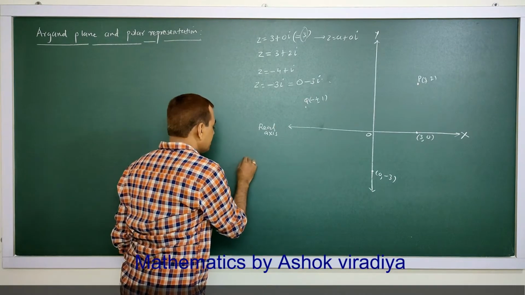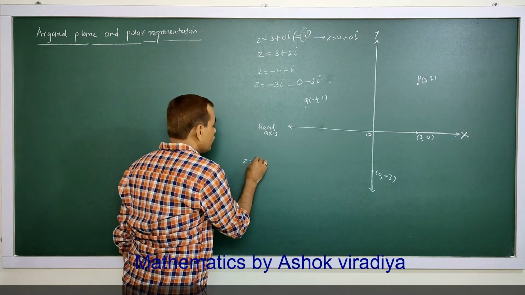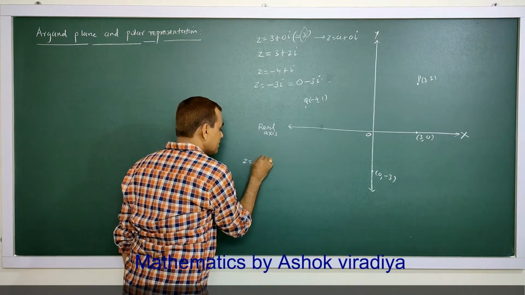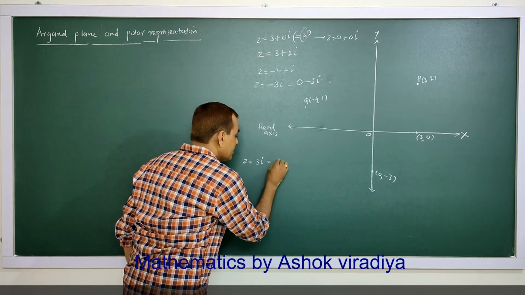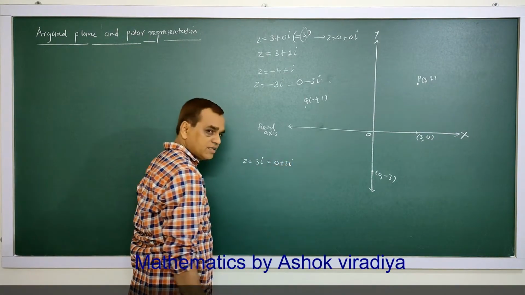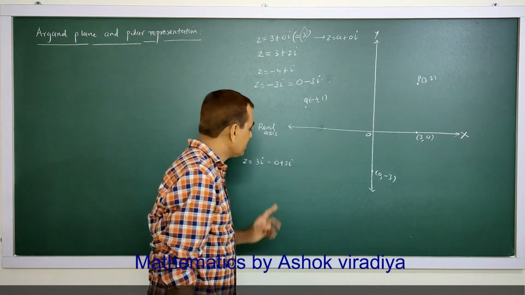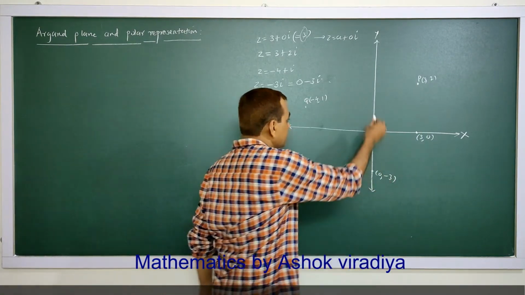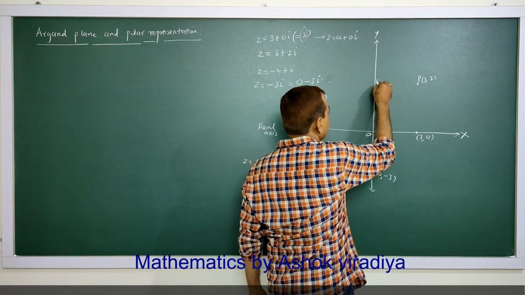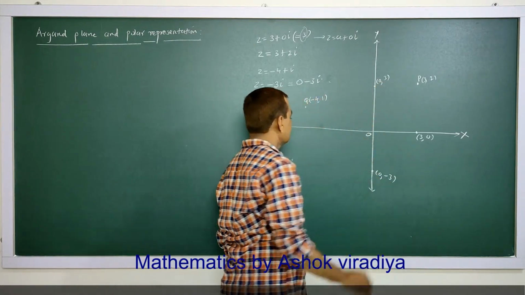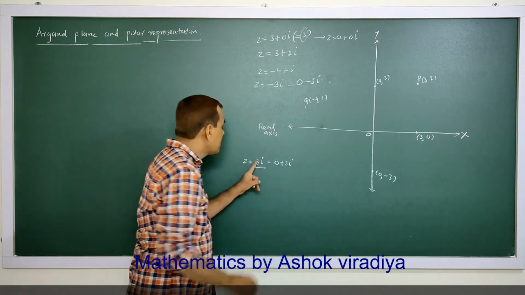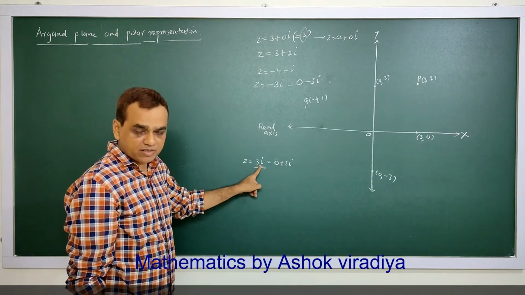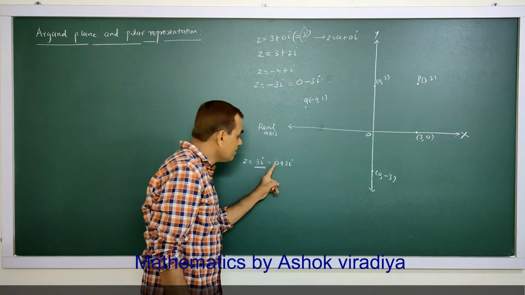If you represent z equal to 3i, that is 0 plus 3i. So this is associated with (0, 3). (0, 3) is somewhere here. So this number is a purely imaginary number because the real part is 0.